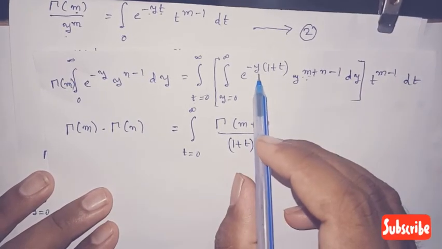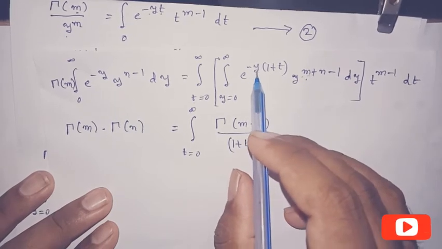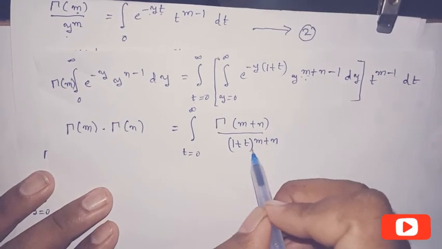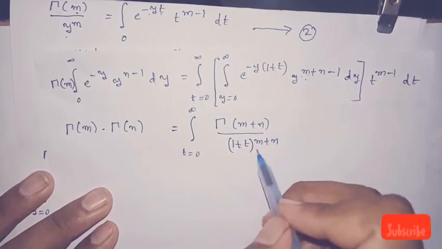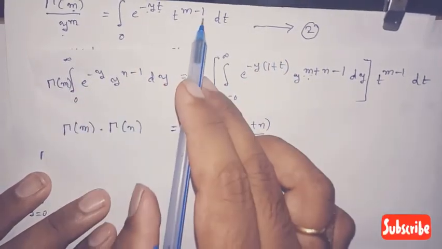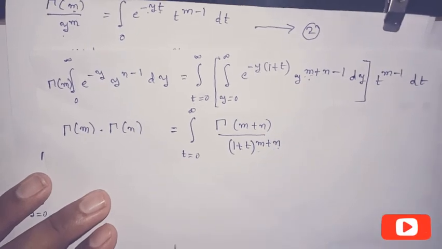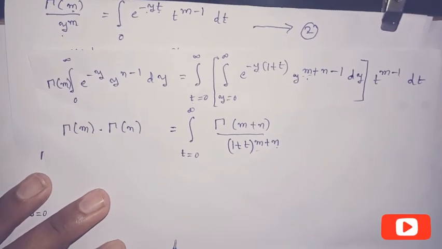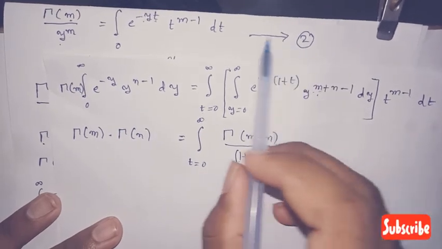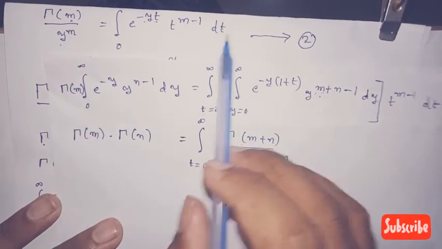Therefore, I have to consider the coefficient of minus y, that is 1 plus t. Therefore 1 plus t power of m plus n. Using this formula, you can write down this function. Use this second equation as the formula.